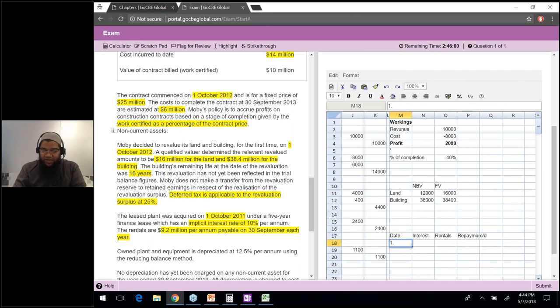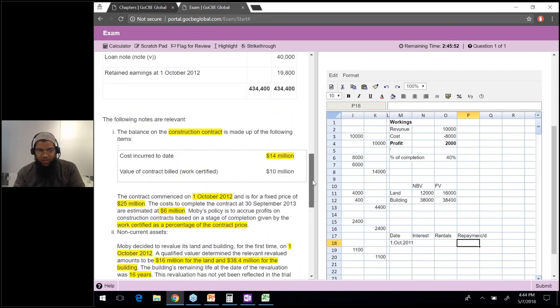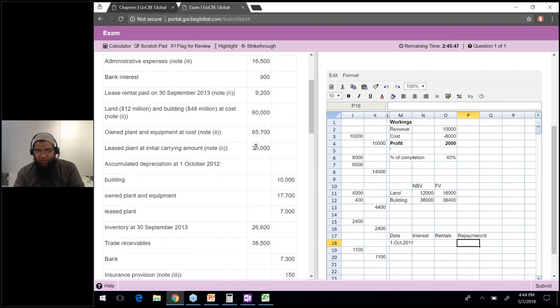So the asset was taken on lease on 1st October 2011. Let's see the value of the asset given in the question. The lease plant at initial carrying amount was 35,000. So the asset was initially taken on lease for 35,000.